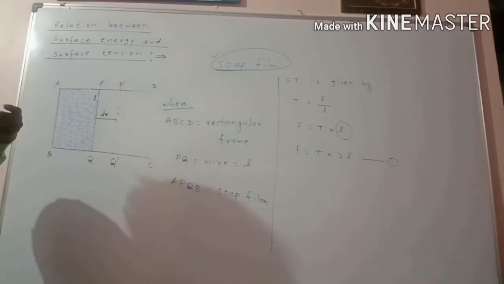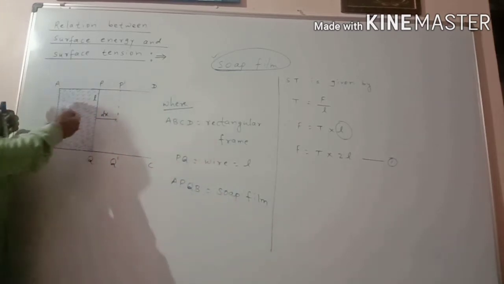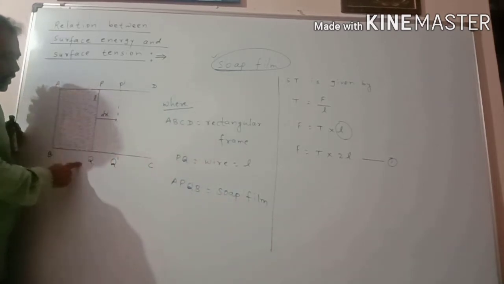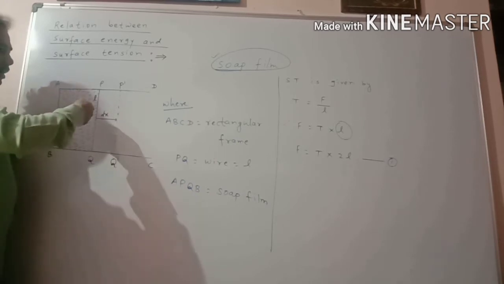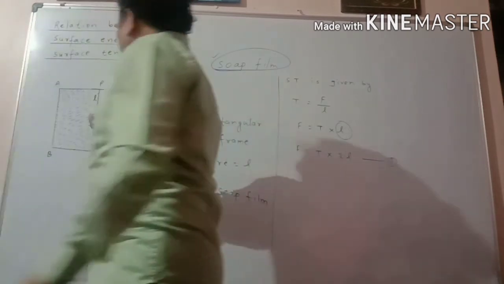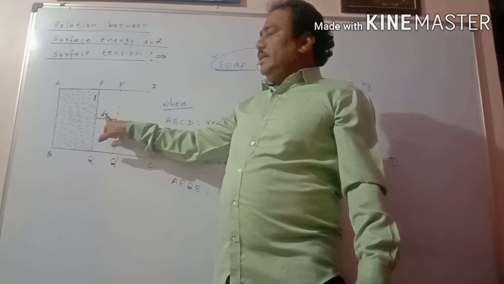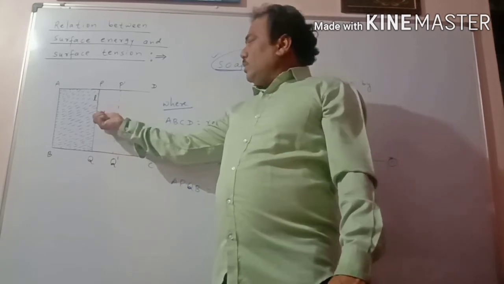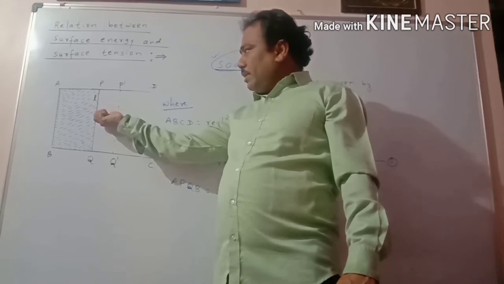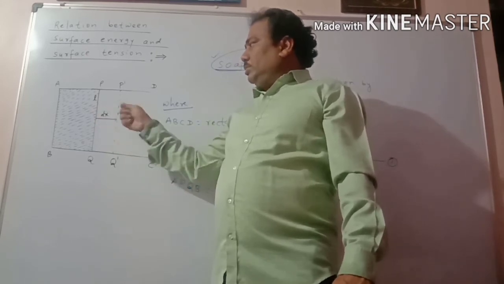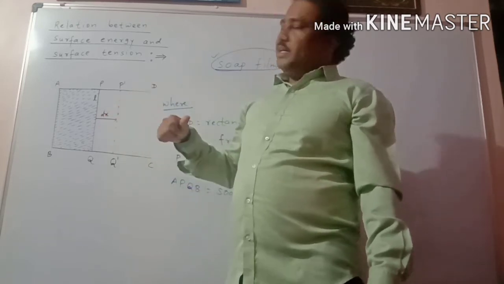Now we have to do one thing here. If the wire PQ, which has length l, is moved through the distance dx, so now if I apply a force and this PQ wire moves through dx, then work done is there.